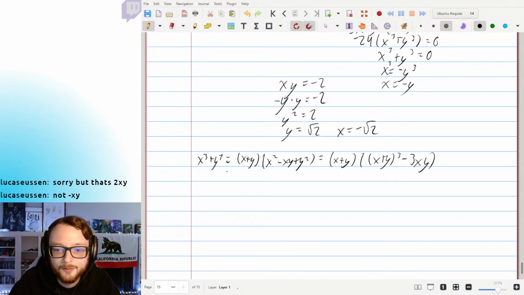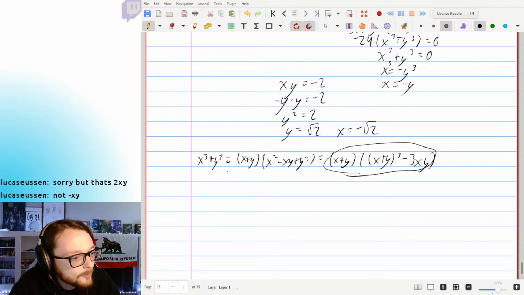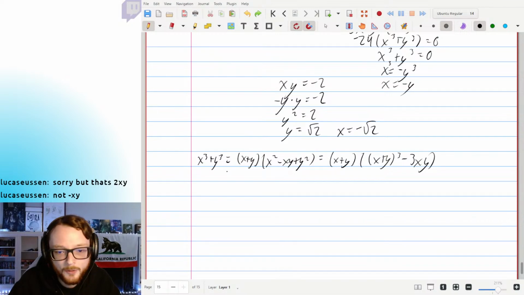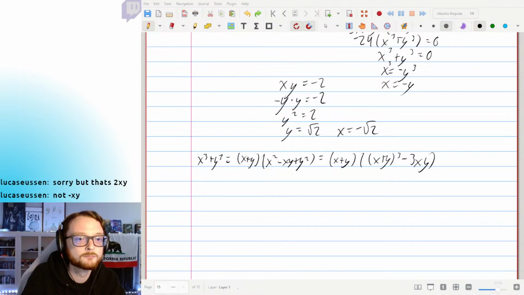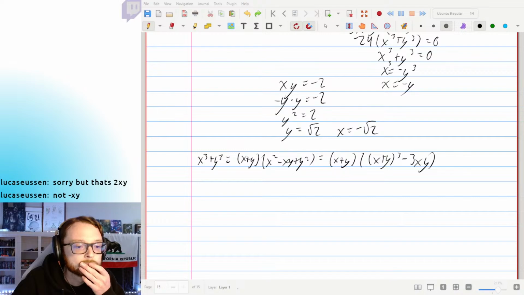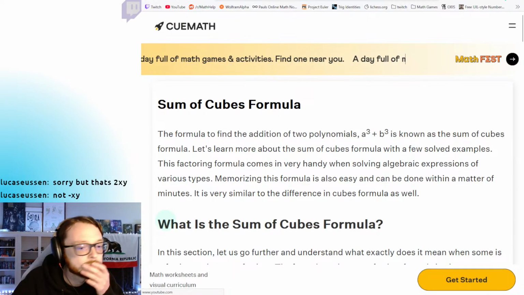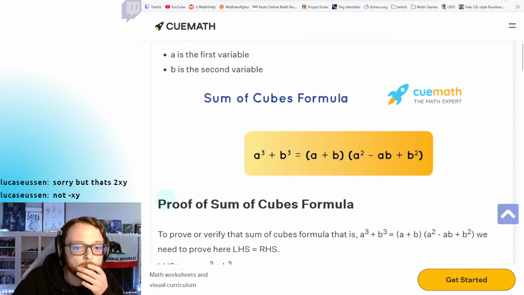This can't be right. This doesn't seem good to me. I don't think it's 2xy for the sum of two cubes. No, there's no 2 there.